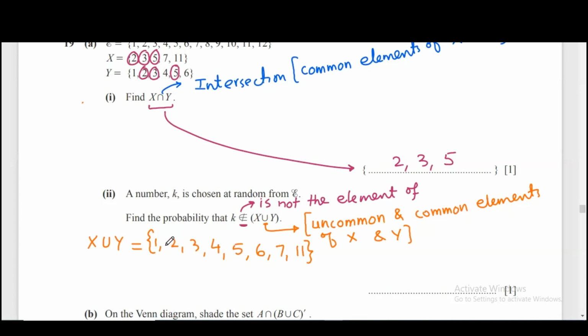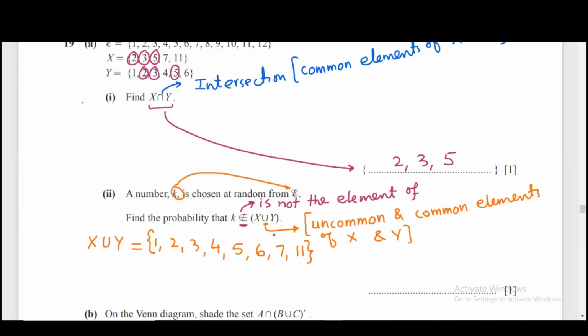Read the question again. Find the probability that K is not an element of X union Y. We have to choose K from the universal set.